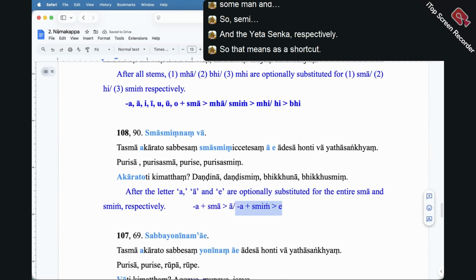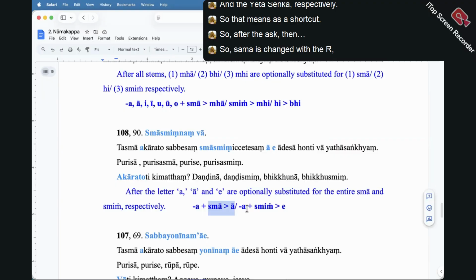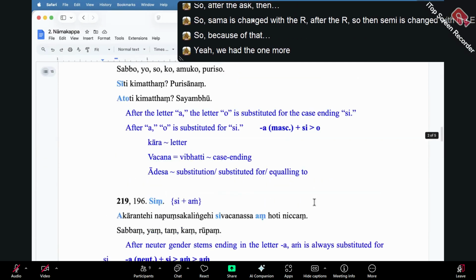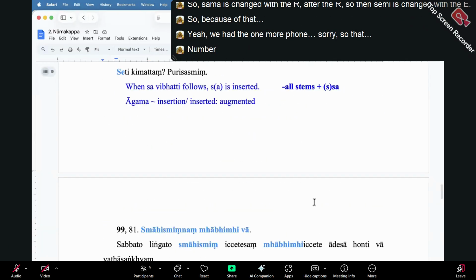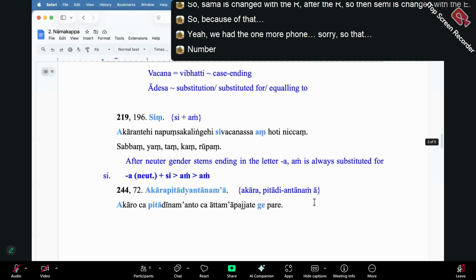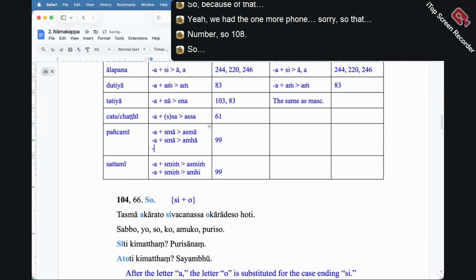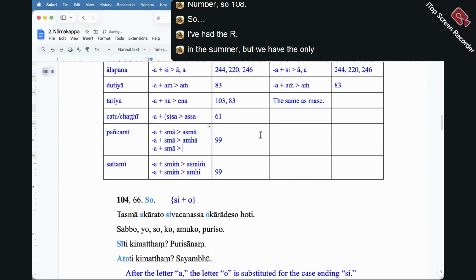So that means as a shortcut or as a pattern, after the R stem, Sama is changed to the R. After the R stem, Samay is changed to the A. Okay. So because of that, here we have one more form, number 108. After the R and the Sama, we have only the R. That's 108.